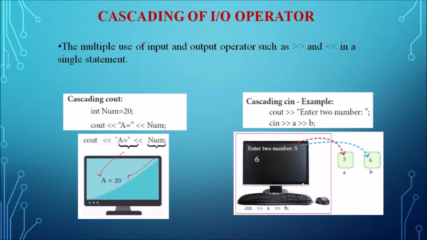So it means that the user will enter two values. The first value will be extracted and stored in variable a, and the second value will be extracted and stored in b. You see the diagram given: the value 5 is stored in a and 6 is stored in b. So this is how the cascading cin works.